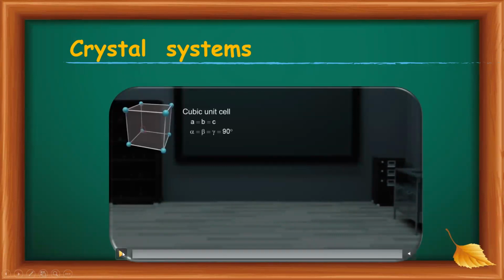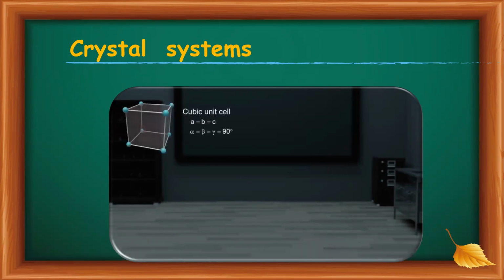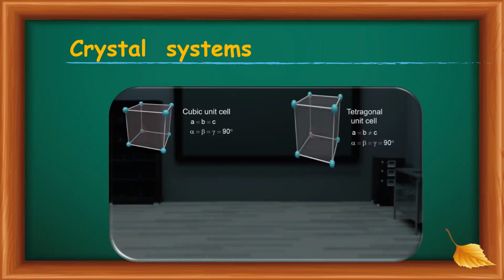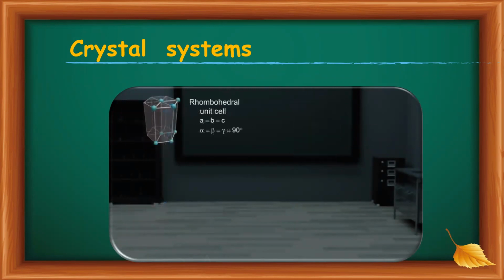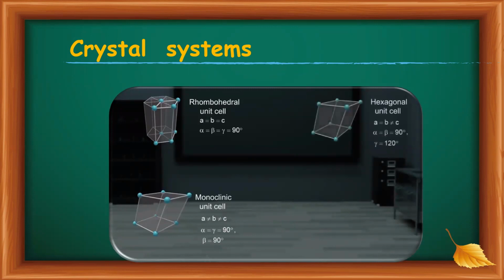This is cubic unit cell, tetragonal unit cell, orthorhombic unit cell, rhombohedral unit cell, monoclinic unit cell, hexagonal unit cell, and triclinic unit cell.